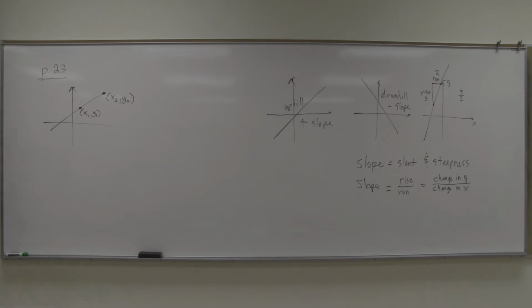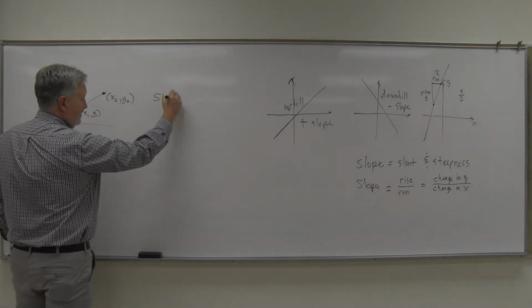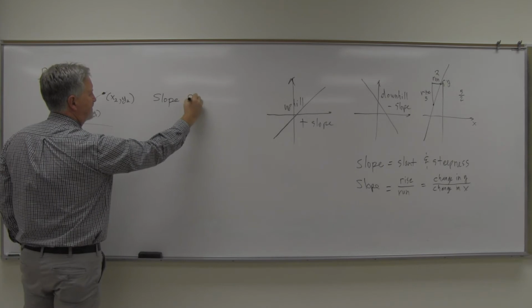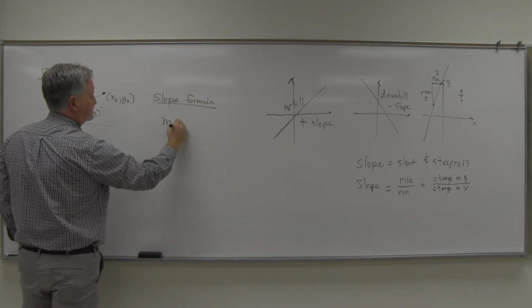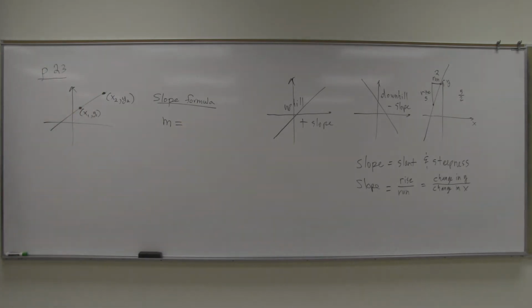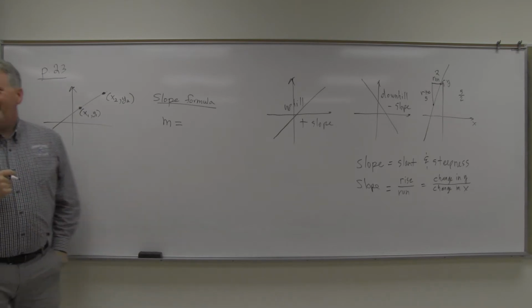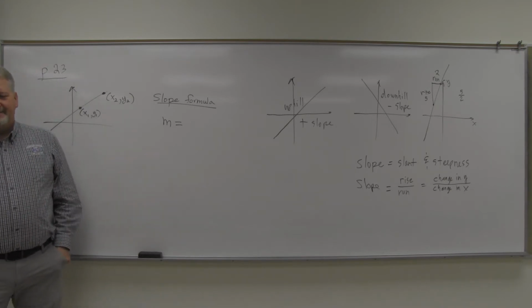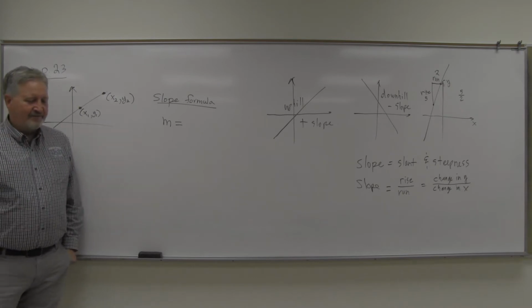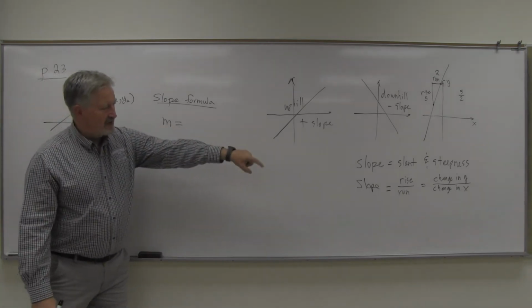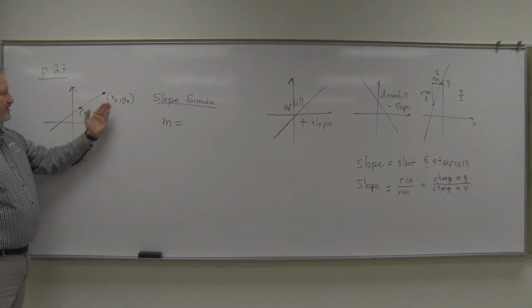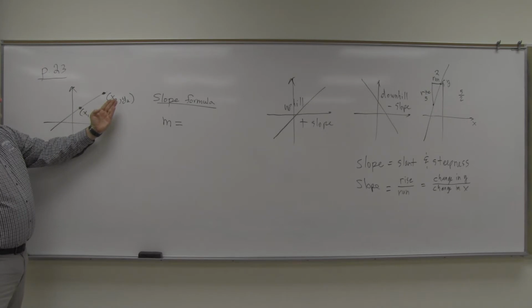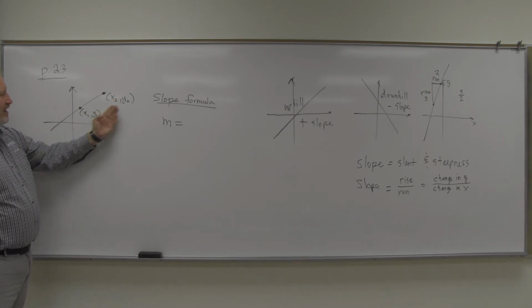And so the slope formula, based on all that, is, okay, and then the other little notation is, in case you didn't know, M is the letter designation for slope. For whatever reason, they call it M. Since it's a rise over run, change in y over change in x, if we have x's and y's to work with, 2 points, the slope is you take the second y minus the first y.